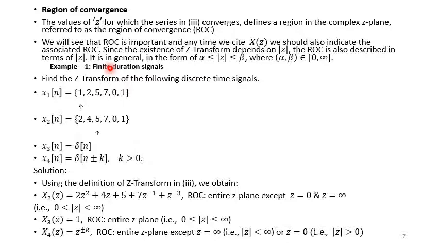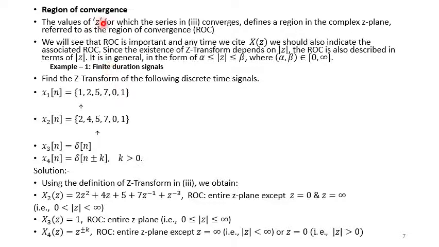Then we have the region of convergence. I think you can recall from the Laplace also, we discussed similar things. I mean, you have been taught similar things while you were doing the course signals and systems, where you were taught the Laplace transform, or maybe in any other mathematical subjects that you have taken so far, right?